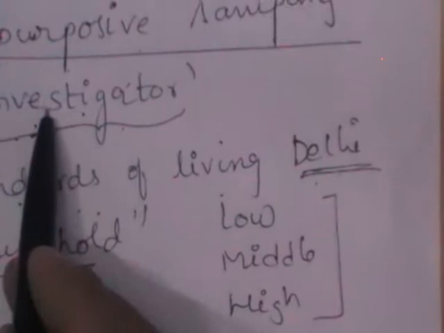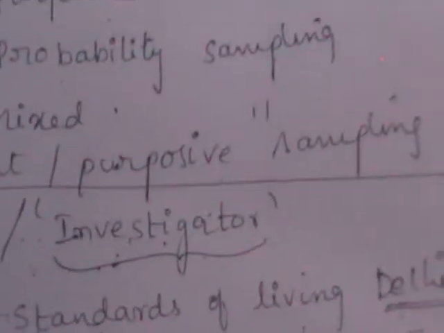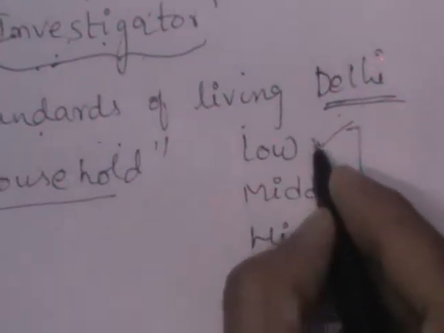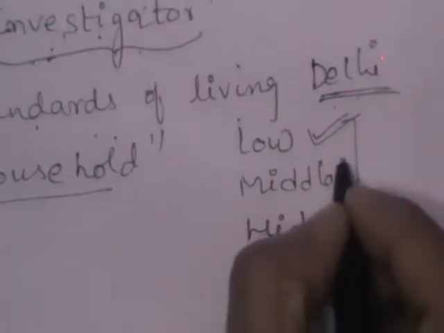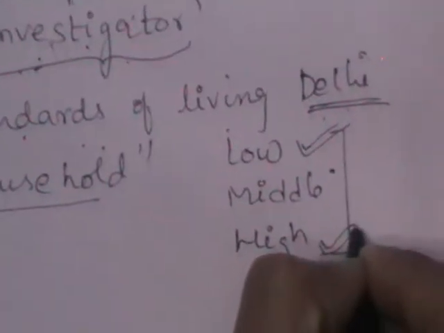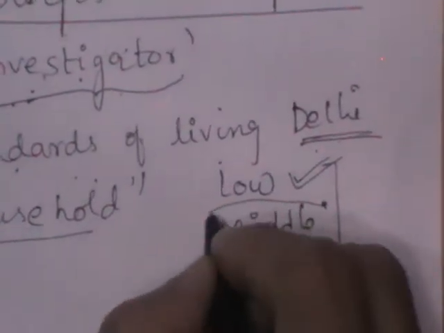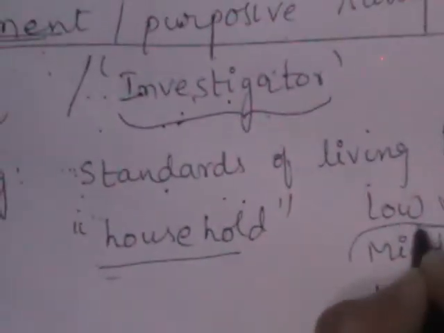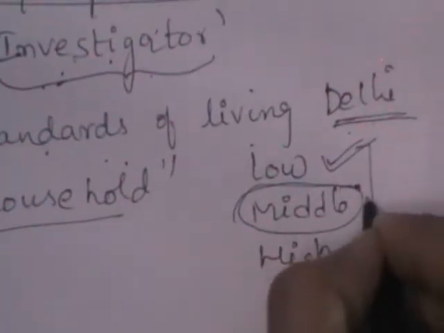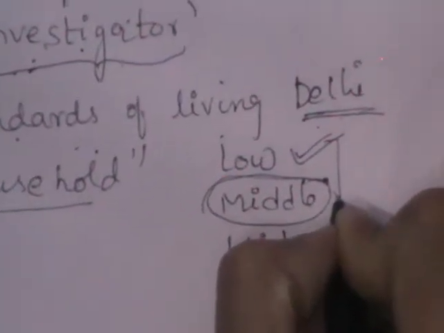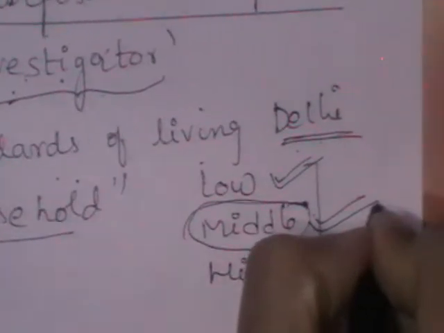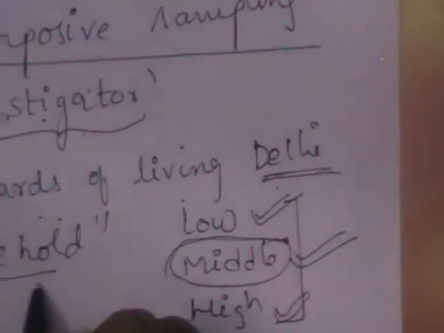But if the investigator is not interested in visiting the low income areas, he may go only to the high income areas to get good information. Or if he is interested only in the middle class households, he may concentrate on that only.